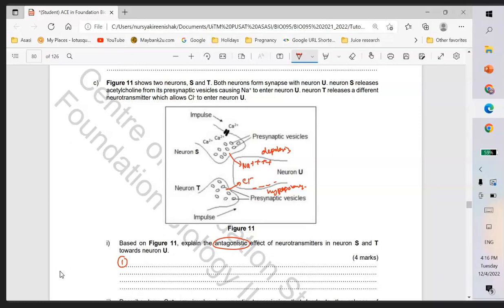Okay, so 2 markah untuk your explanation for neurotransmitter in neuron S. Kan you mention it causes Na+ to enter and causes depolarization of the membrane potential. Lagi satu maybe awak boleh add kat situ untuk neuron S ni, Na+ masuk, dia cause depolarization.